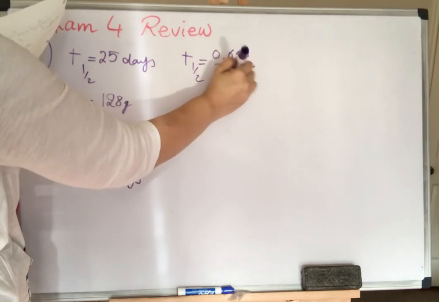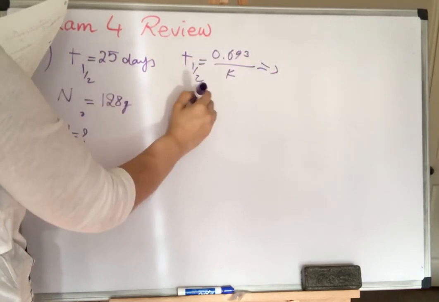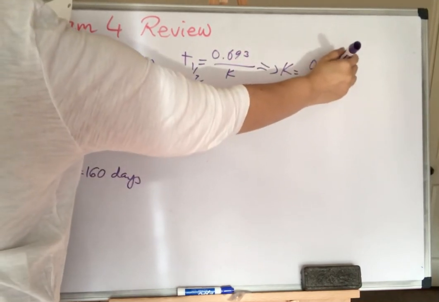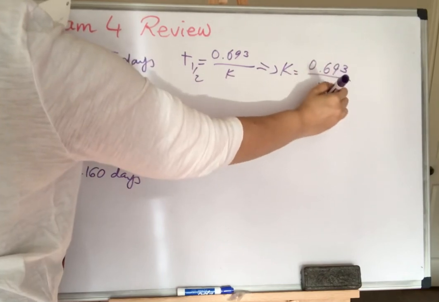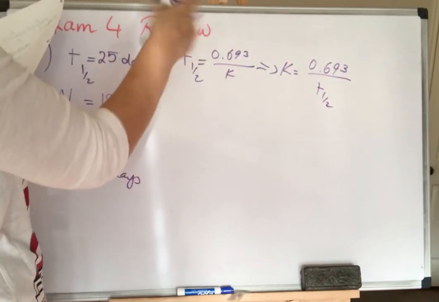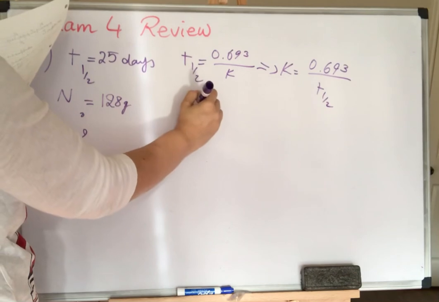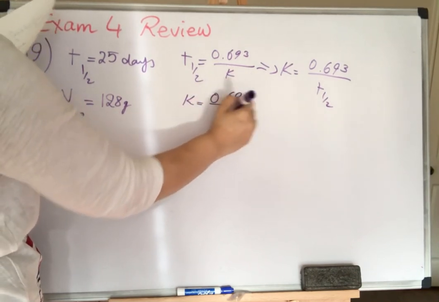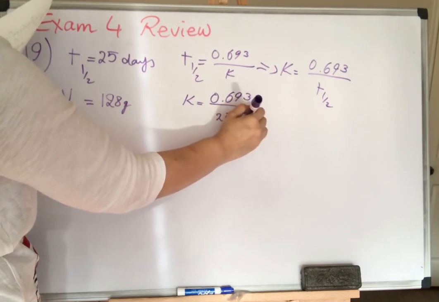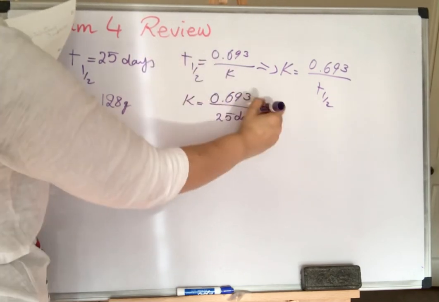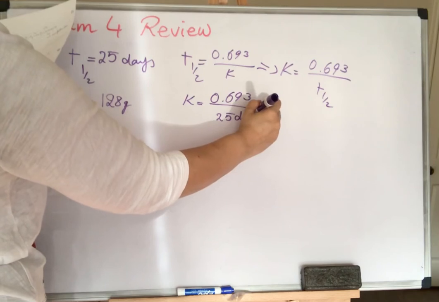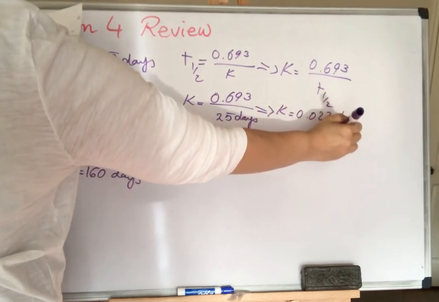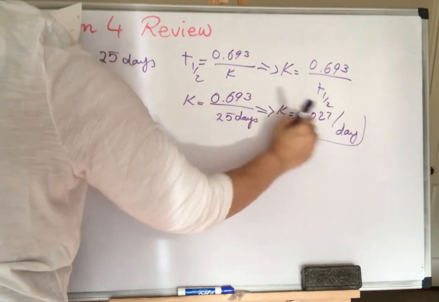Half-life is 0.693 over K. Then K is 0.693 over T half. Cross multiplication, and K is going to be 0.693 over 25 days. It will give you 0.027 per day.